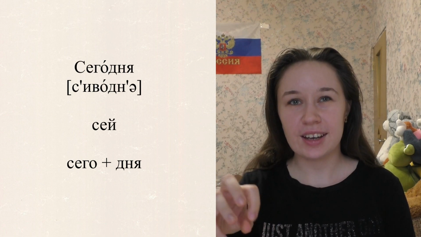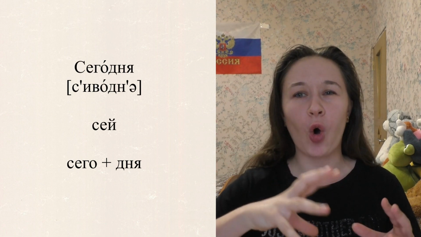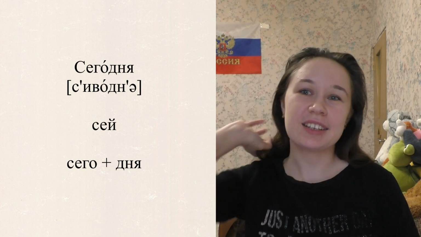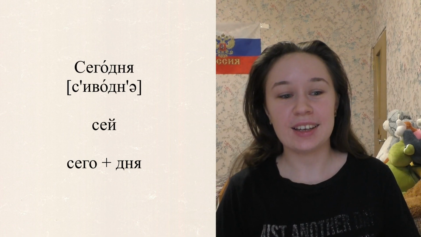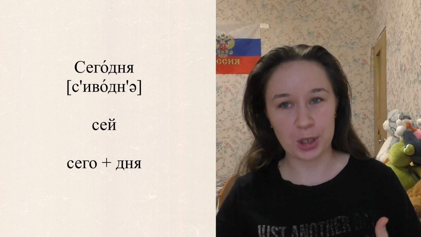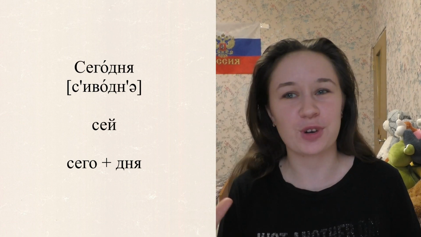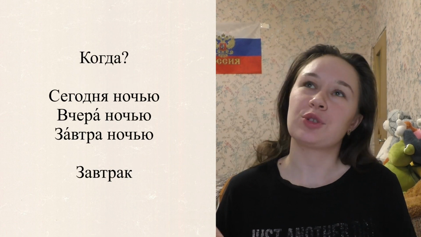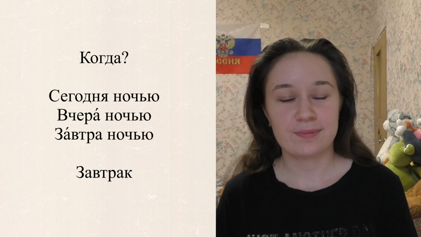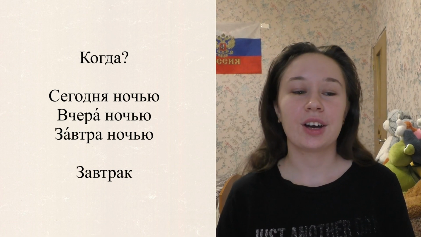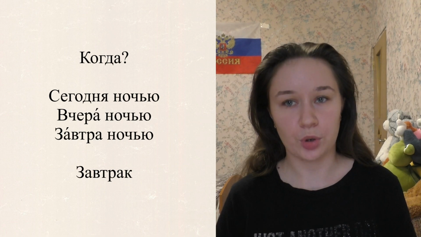So this day in the genitive case, like of this day, but in English they say today, in Russian we say сегодня, literally of this day. Just for understanding. So if we want to say tonight, we will do it as сегодня ночью.